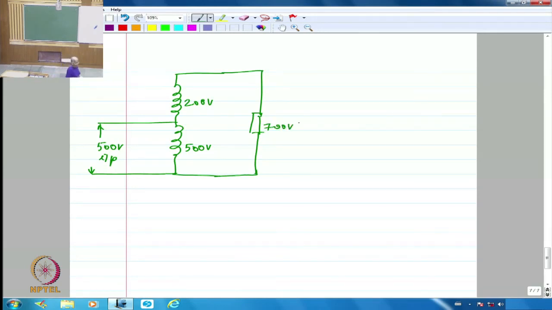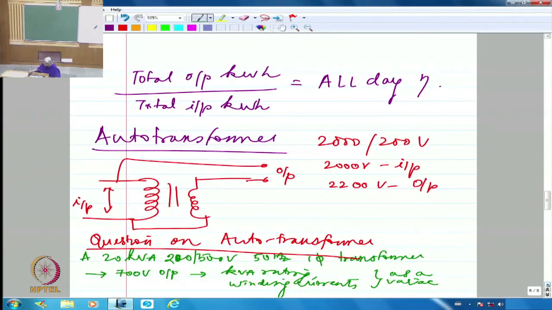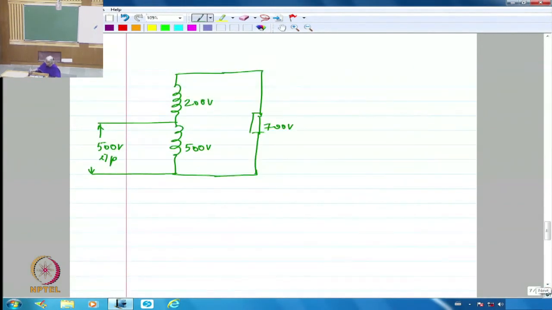Fine? Now 20 kVA is given as the rating of the transformer. How much is the current on this side? It will be 100 amperes. Without overloading the transformer, you would be able to get 100 amperes.